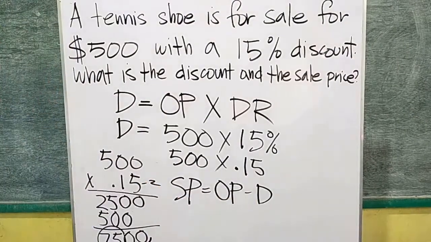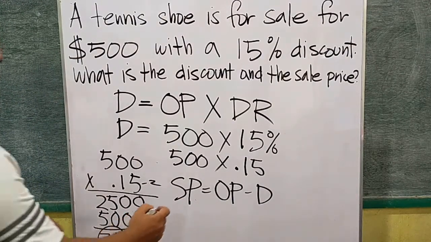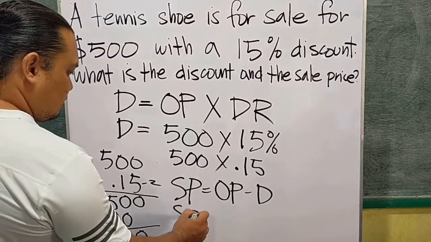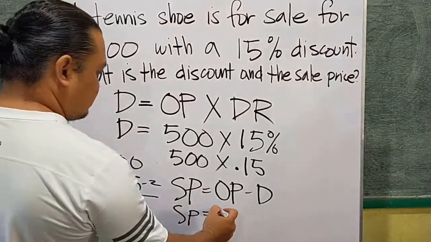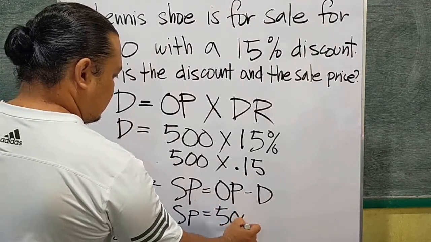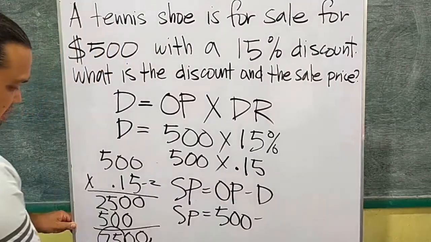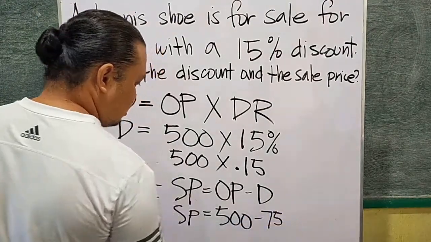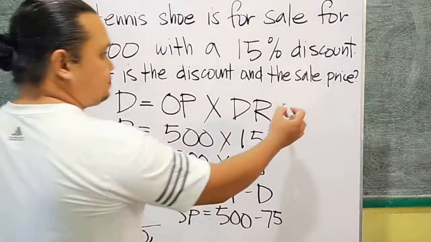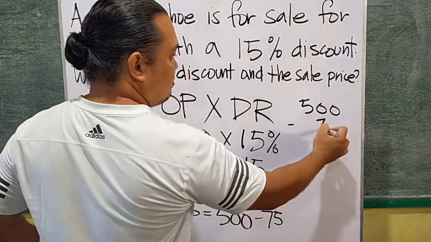That is the formula on how to get the sale price. So let's substitute. SP is equals to, what's the original price? That's 500. Minus, what's the discount? That's 75. Okay, so let's subtract 500 minus 75.